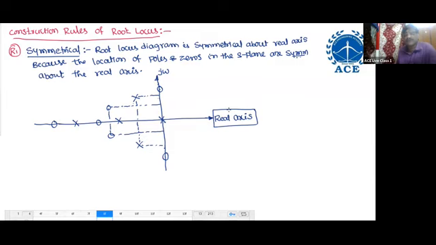The correct root locus diagram is the one that should be symmetrical about the real axis. You take any transfer function, whatever you want, represent the poles and zeros, and fold it with respect to the real axis, and observe that they are symmetrical about the real axis.